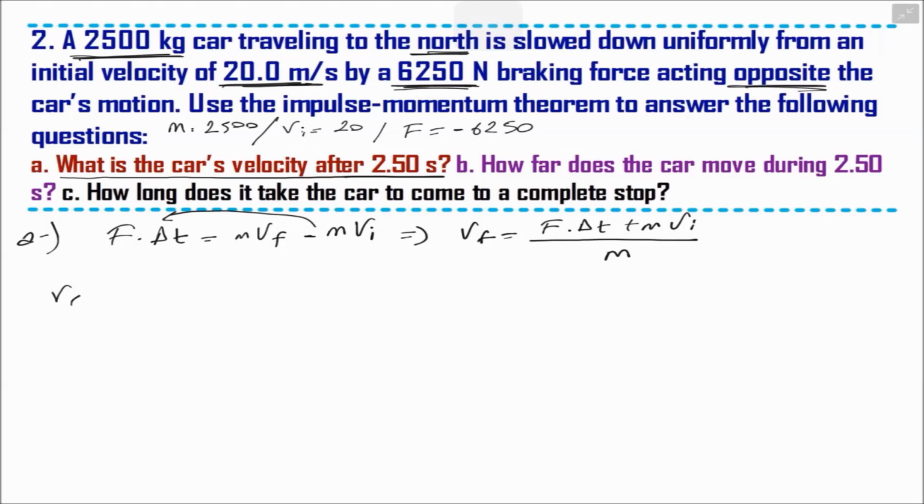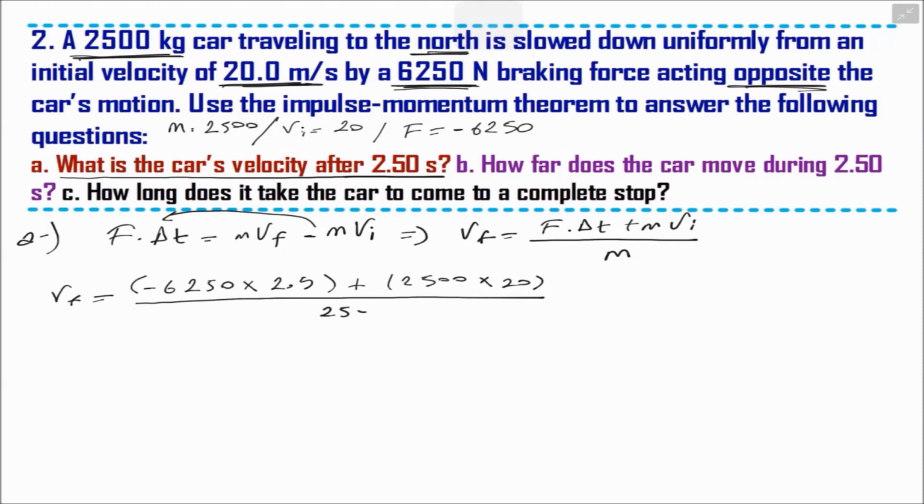So v final is going to be negative 6250 times delta t, given in part A as 2.5, plus mass 2500 times initial velocity 20, over m, again 2500. So the result will be 14 meters per second, to the north.